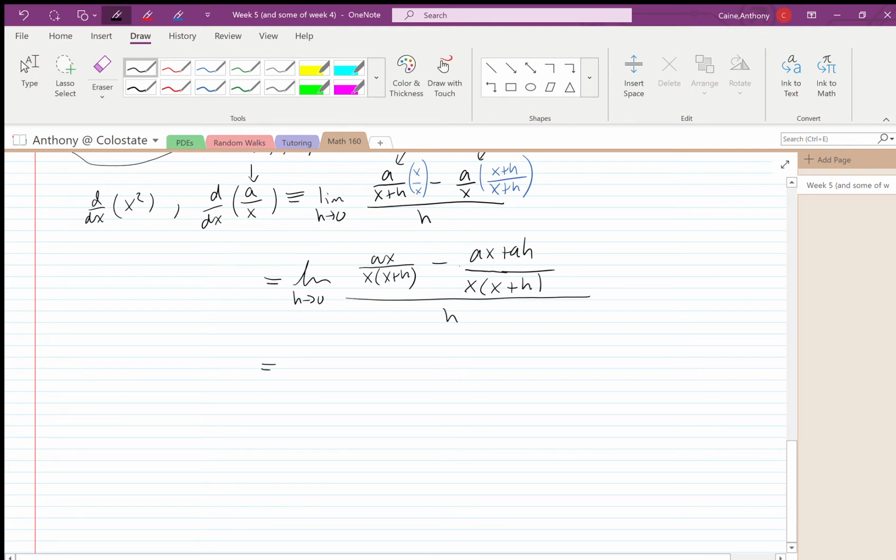I have a common denominator, so I can just do the subtraction going across. Limit as h goes to 0, and remember this subtraction hits both terms. So this ax on top cancels this ax, but I have a negative ah left over. So I have minus ah over x times x plus h, over h.